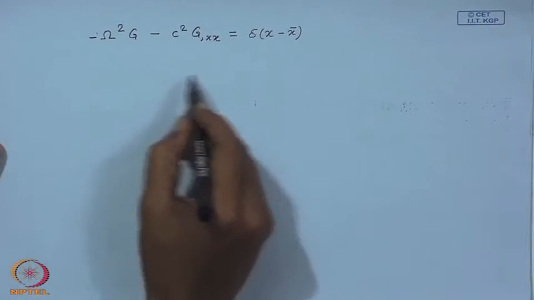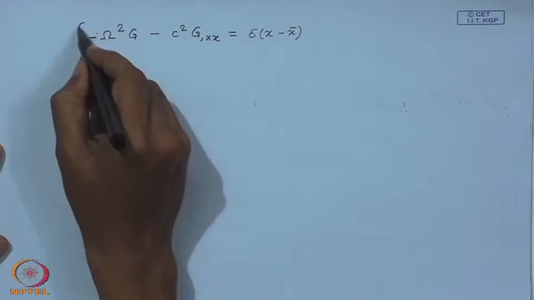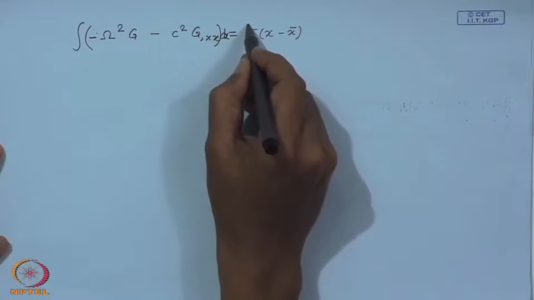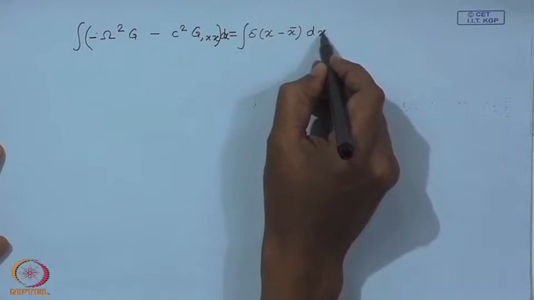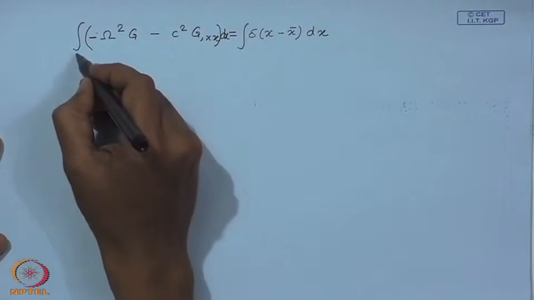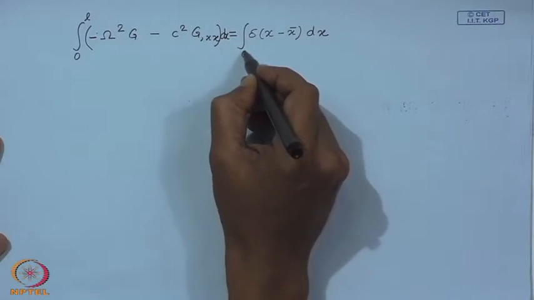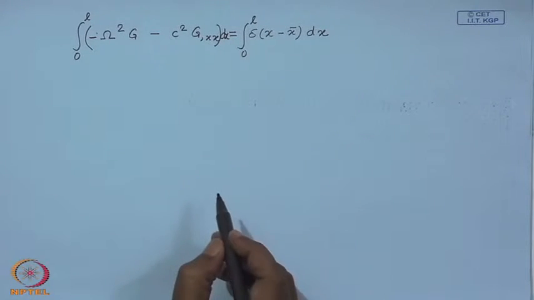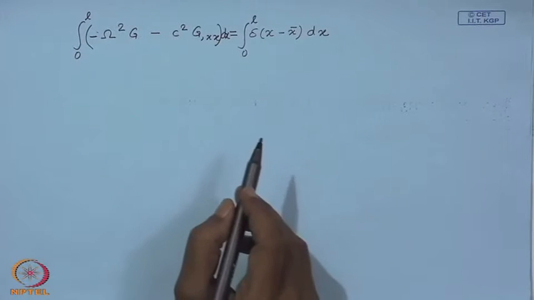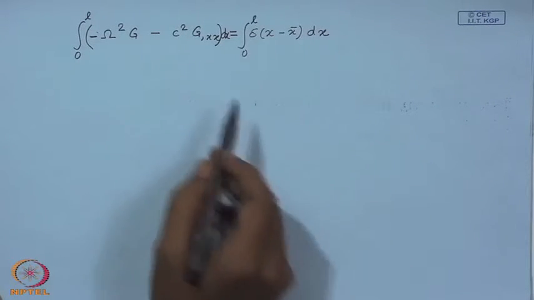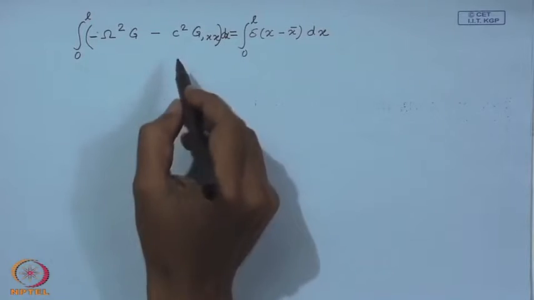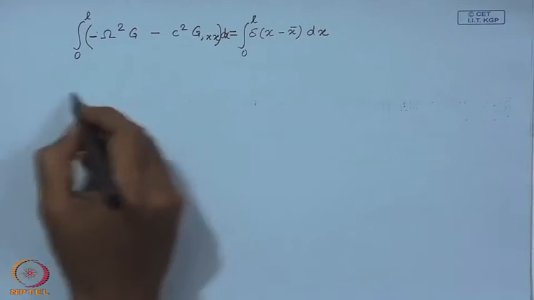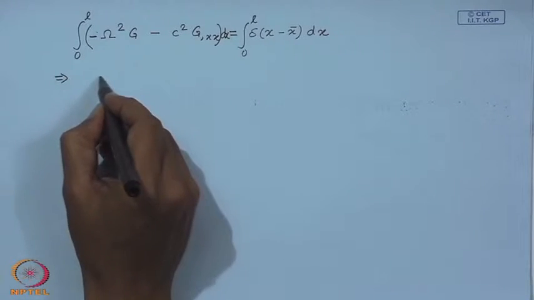So, if we integrate this equation on both sides over the domain of the string, then we can easily obtain the 4th condition, which is nothing but the force balance condition at the junction x equal to x bar.